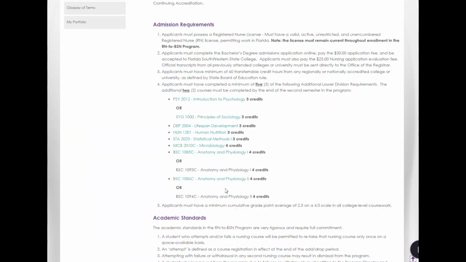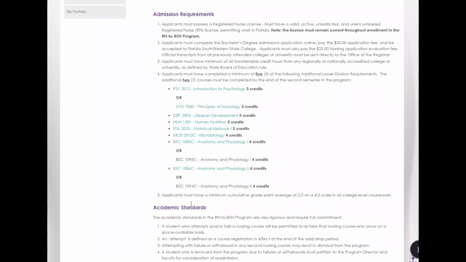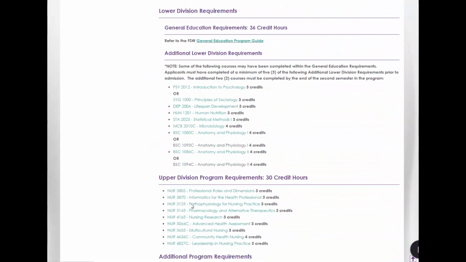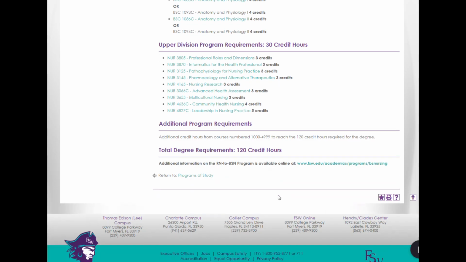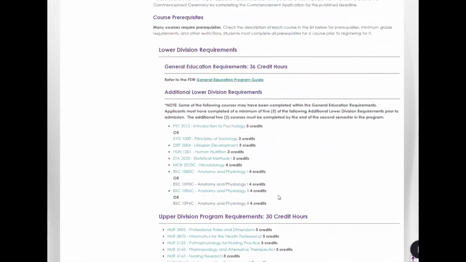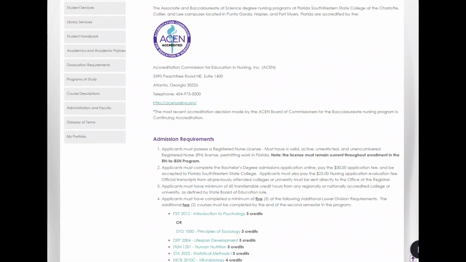Unless you mean BSc, right? Man, you're a good student. Additional lower level requirements. Still no MGF. Upper level is all nursing, but you see stats. That's all I see.